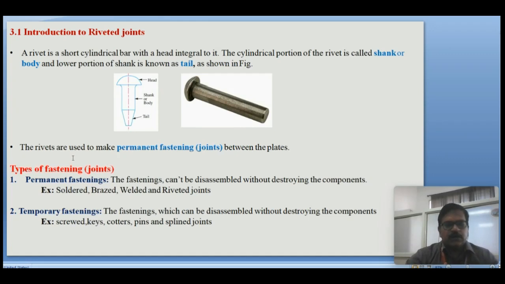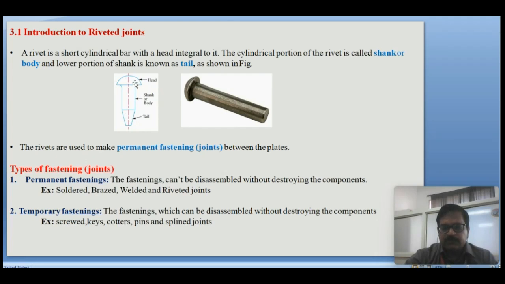The rivets are used for permanent fastening between the plates. Permanent or temporary depends on whether you want to separate the two plates joined by the riveting process. Then you need to destroy the rivet head, either the formed head at the bottom or the head which was there before the rivet joining.